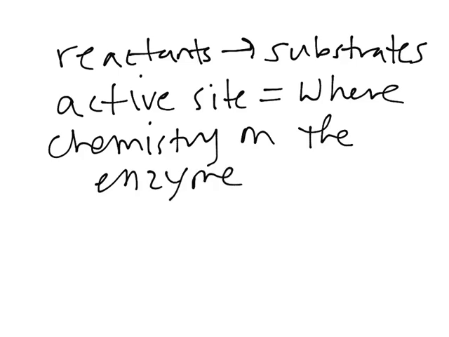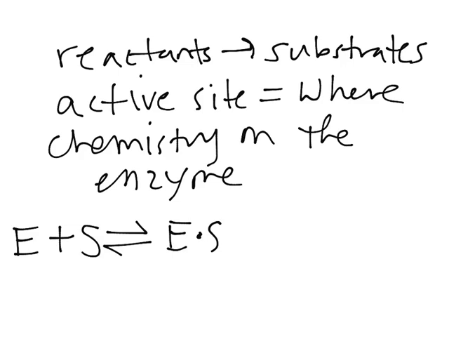Okay, in general, we can write a schematic to show this. So we have an enzyme, represented by E, reacting with some substrate. They come together to form an enzyme substrate complex, represented by that little dot in between them. The chemistry happens, whatever that chemistry is, such that the substrate, which is the reactant in this reaction, is converted to product.